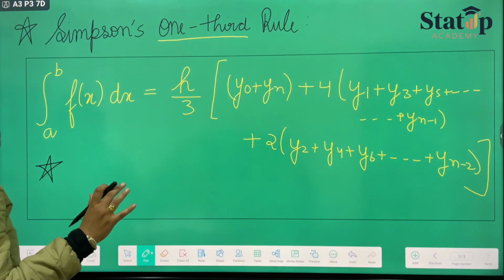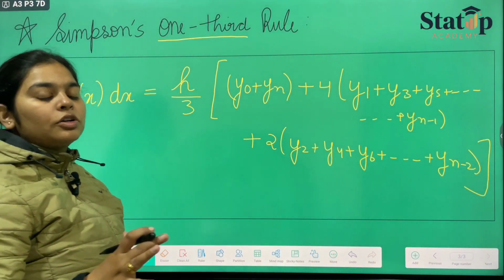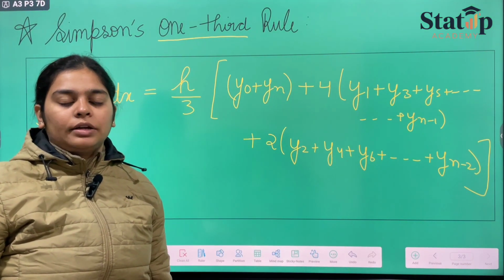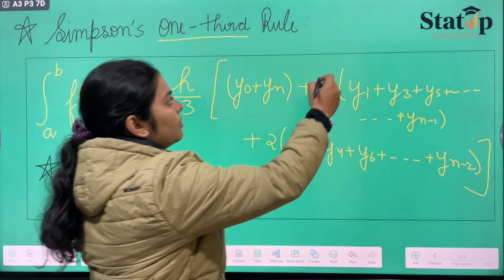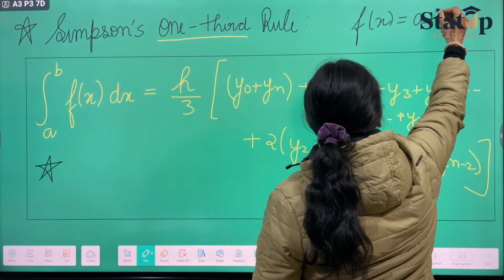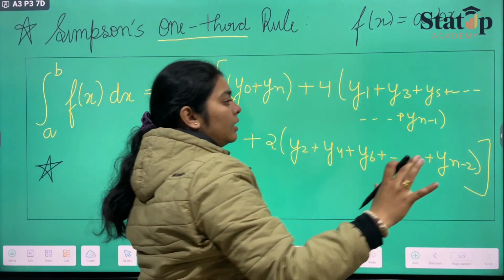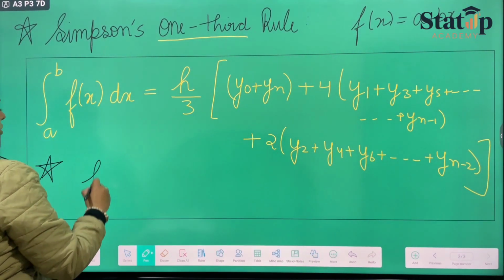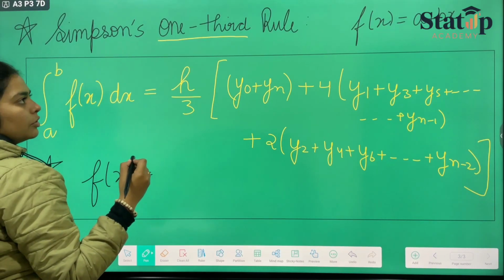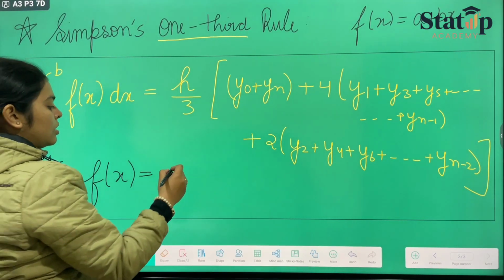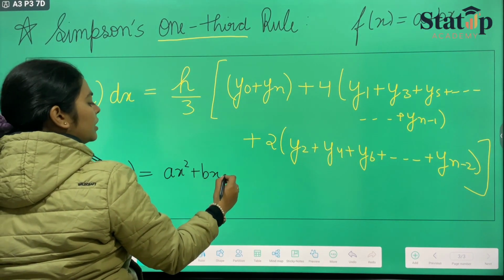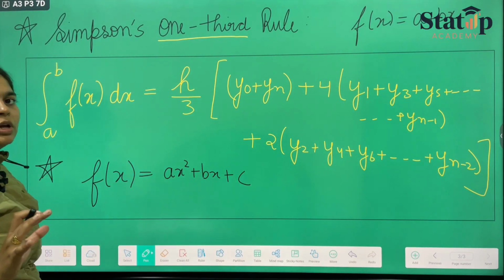In the trapezoidal rule, f(x) was a function of a straight line, like a plus bx. But here the function is always a second degree parabola of x, so it will be ax square plus bx plus c.